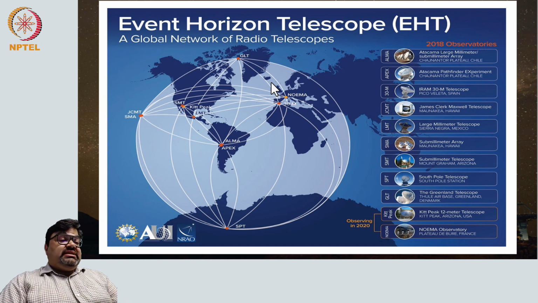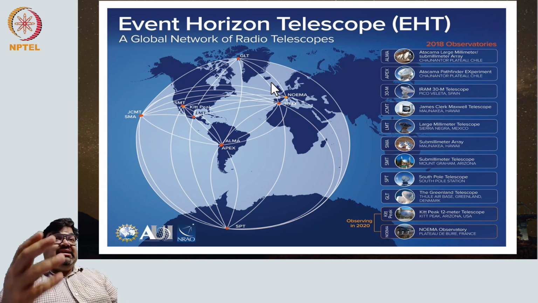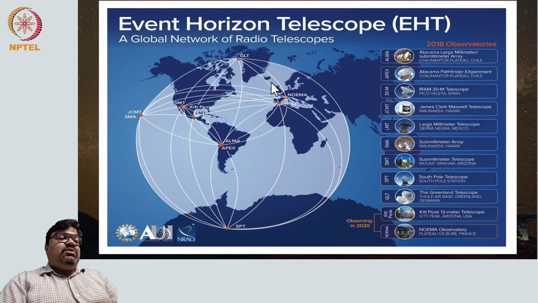And so this Event Horizon Telescope is actually a conglomeration of several telescopes operating at a higher frequency, because resolution also becomes higher as your frequency goes higher or wavelength goes lower.